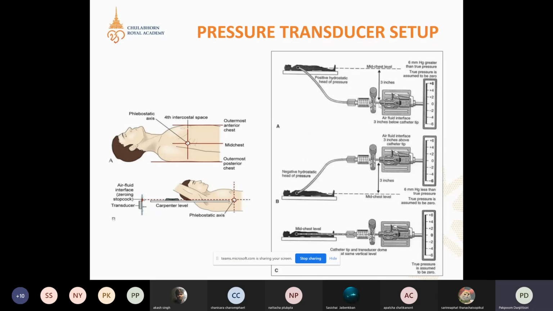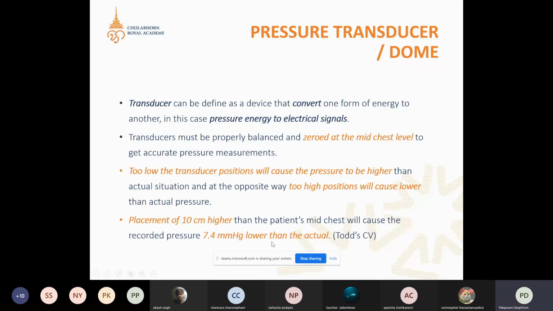If the transducer is placed 10 centimeters higher than the phlebostatic level, the pressure you detect will be lower than the actual value by around 7.4 millimeters of mercury.